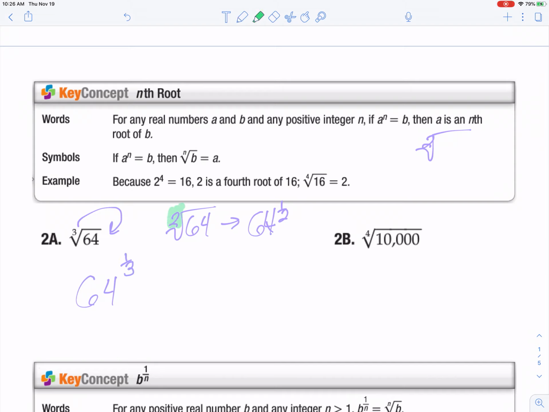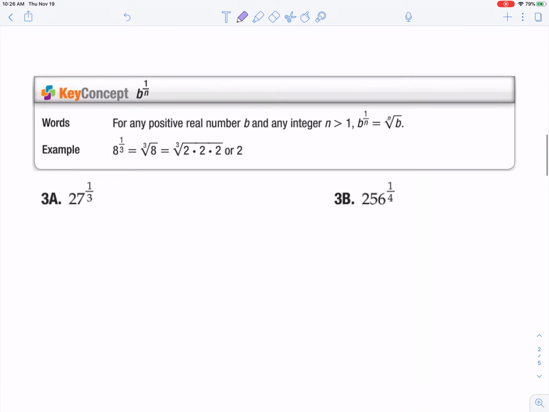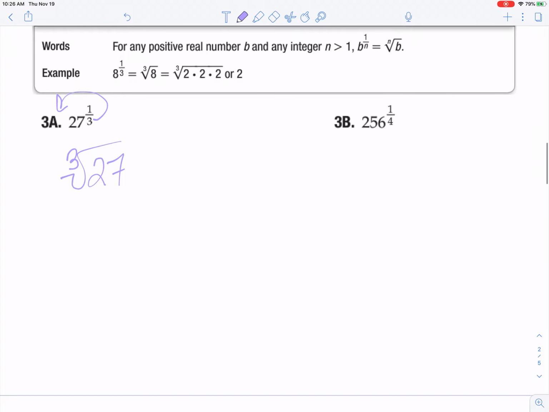Notice the 2 matches this 2, the 3 matches this 3. Okay? And of course you can rewrite it the other way. So this just comes to the outside. Now you have the cube root of 27.